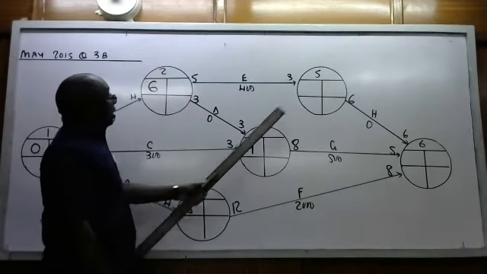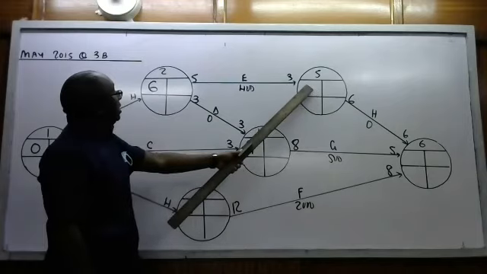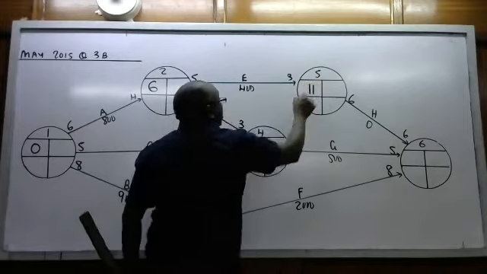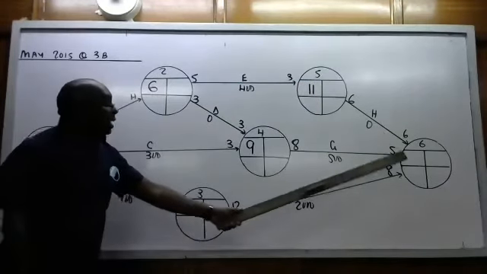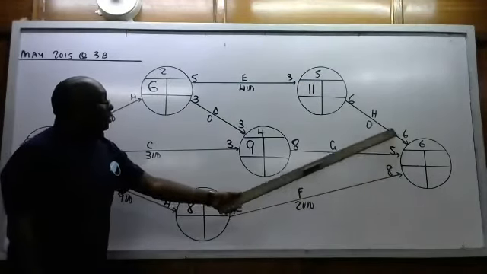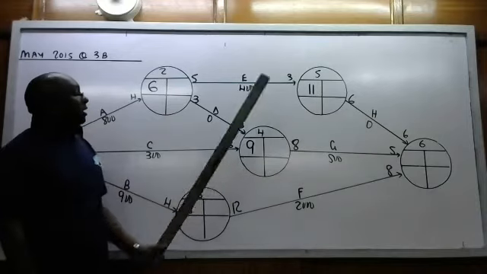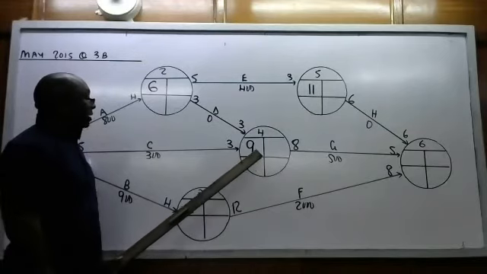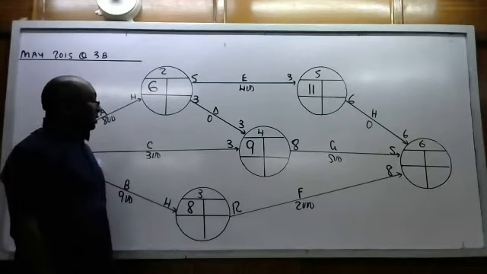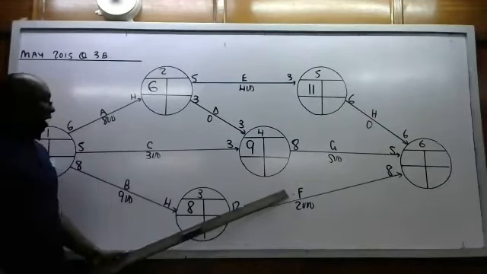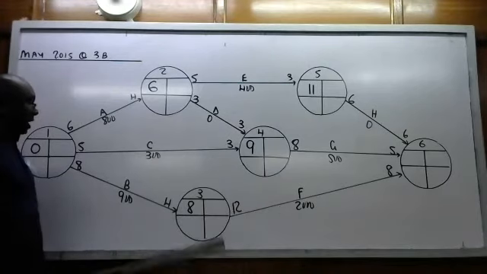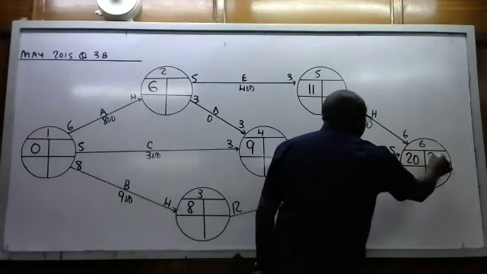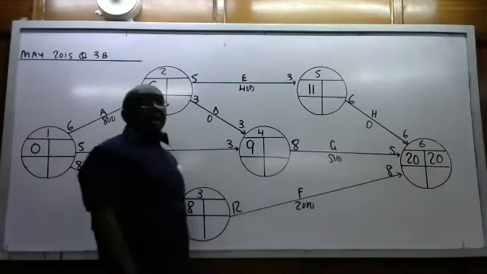Then when I come here, 1 arrow gets in, so 5 plus 6, that is 11. And when I get here, there are 3 arrows. So 6 plus 11, that is 17. 8 plus 9, that is also 17. And when I follow F, it will be 12 plus 8, that is 20. I go for the higher, 20, and begin with 20 there.